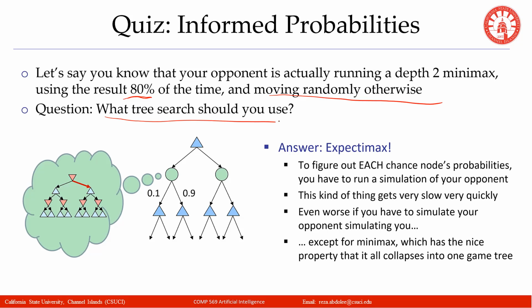Simulating the adversary is not easy, and if you want to do that for many nodes, then the process is going to slow down very quickly. And basically this is going to be very different from the minimax problem, where we are assuming that the player chooses one action with 100% probability.